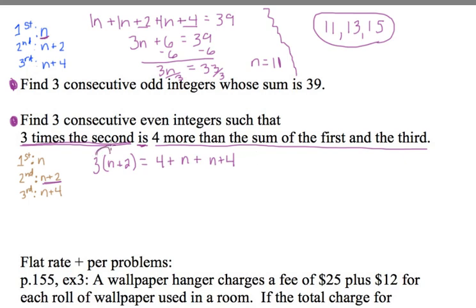I'll distribute. Add my like terms. And solve for n. Minus 3n on both sides.